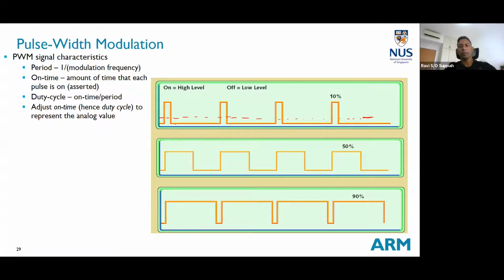Maybe if I say this is 0 volt and this is 3.3 volt, then maybe this is around 1 volt. Correct, so this would be exactly in the middle, and this will be something a bit higher. So the PWM signal is a way of generating an equivalent analog voltage using the digital signal. So that part we know.